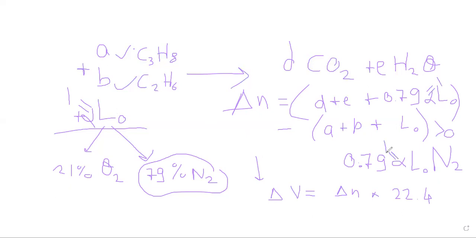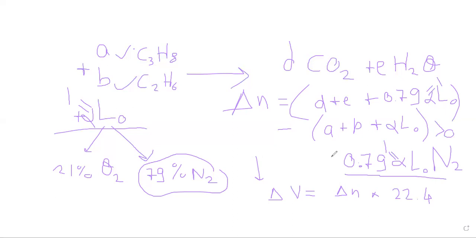And in case alpha is different than 1, I can tell you, for example, I am providing extra air, a larger quantity of air than required. In this case, you will consider that you have an additional quantity. You have alpha times L0, and at the end of combustion, you will not have only N2, but if you have extra air, you will have also extra oxygen.